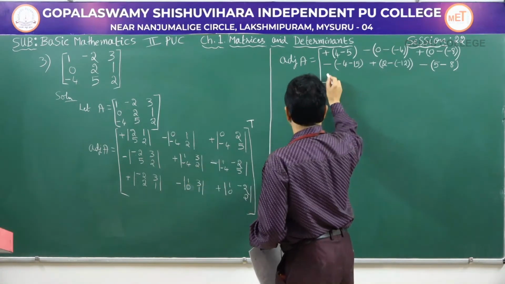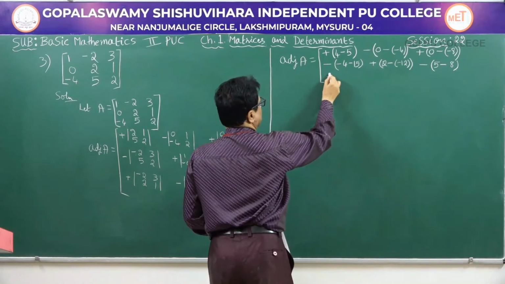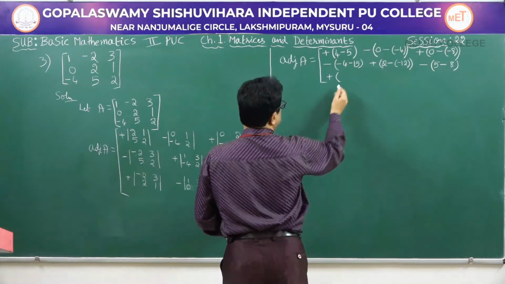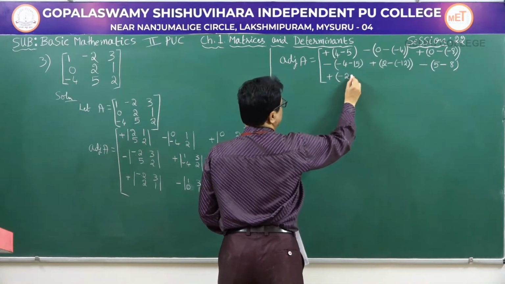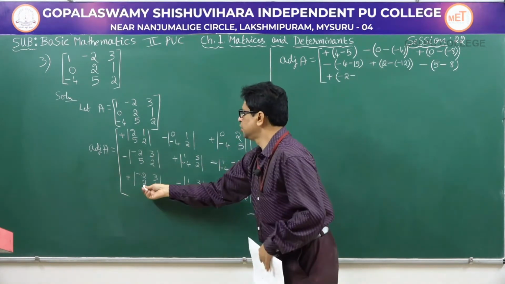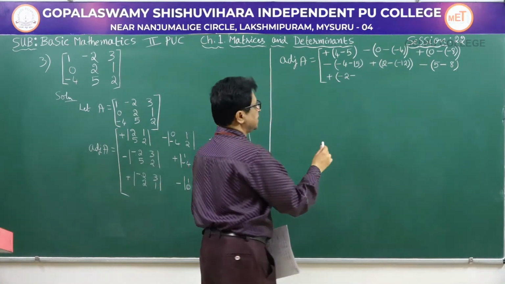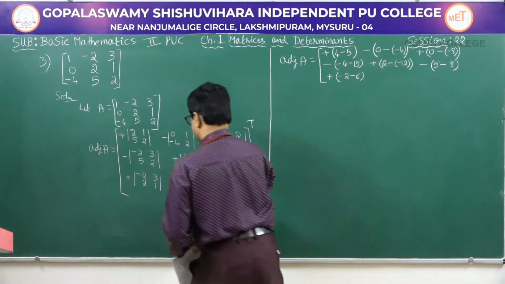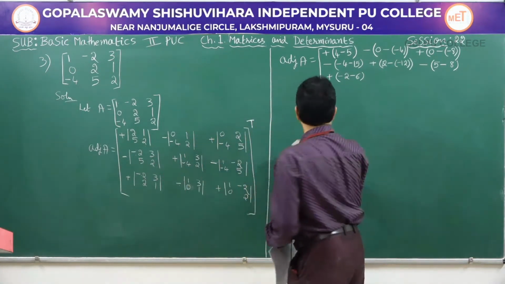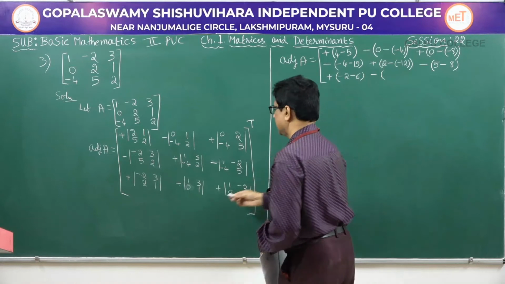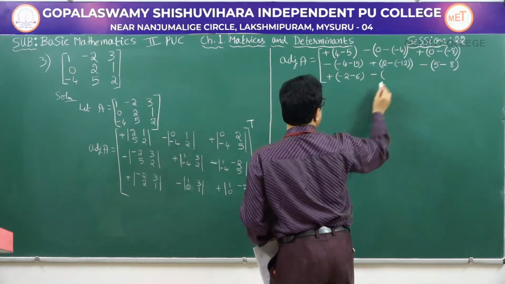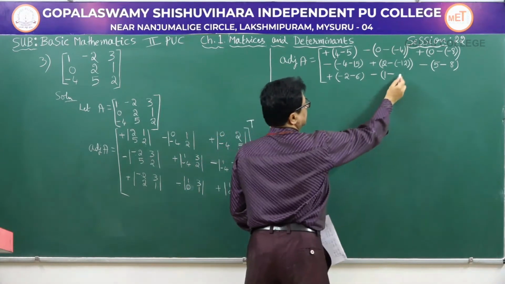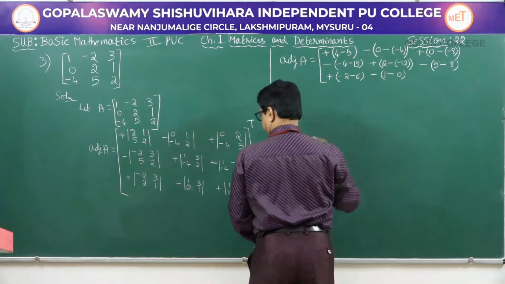Next, plus minus 2 into 1, it is minus 2, minus 2 into 3, it is 6. Next, minus of 1 into 1, 1, minus 0 into 3, 0.